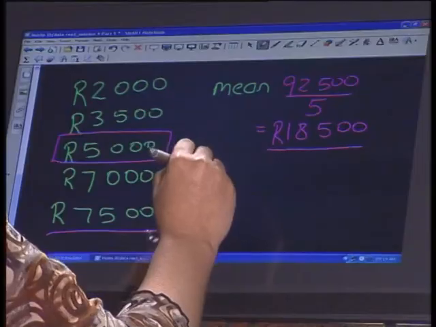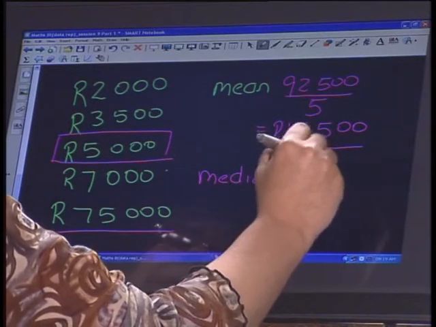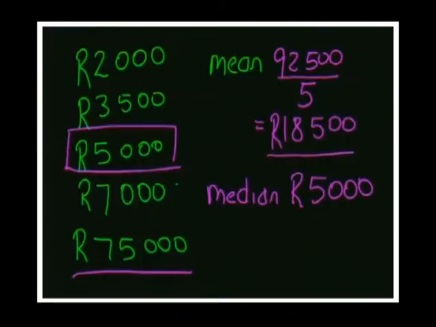So in this case, we would rather look at the median. My numbers were in order, so it's easy to see, my median was 5,000 rand. That is a good central tendency to say, I've got as many people earning less than 5,000 rand as I have earning more than 5,000 rand.